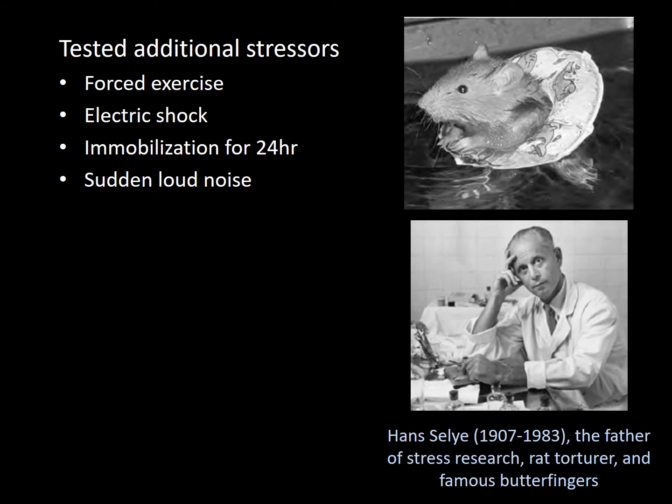So he got some funding and a team of scientists together and additional lab techs, and they tested all these different types of stressors: forced exercise, like on a wheel that doesn't stop, intermittent electric shock of these poor little rats, immobilization for long periods of time, sudden loud noises like claps, and unpredictable interruptions. And what he found was that all of the different types of stressors he tested elicited an identical response in the rats.